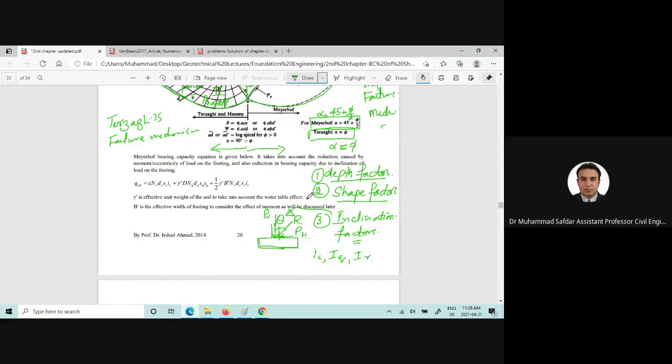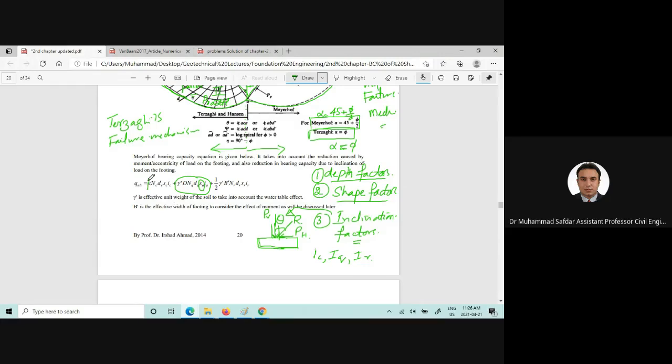One more important point we can see here is that there was no shape factor for the overburden part in Terzaghi's bearing capacity theory. So Meyerhof also proposed a shape factor for the overburden part of the Terzaghi bearing capacity equation.